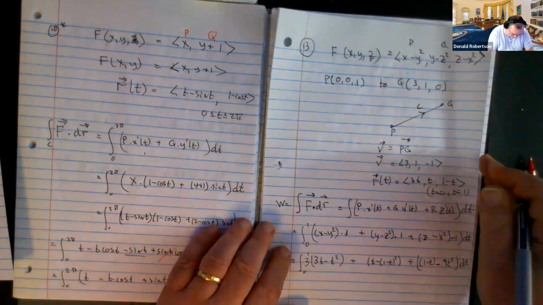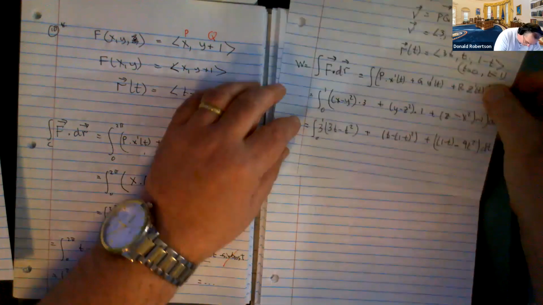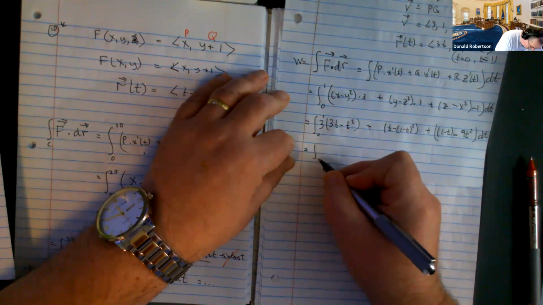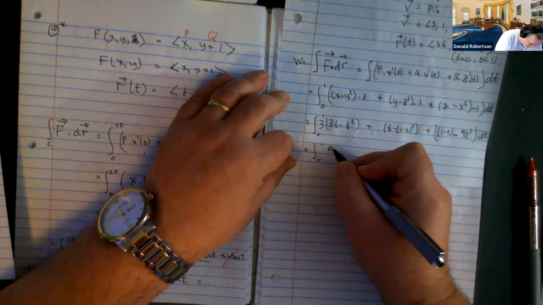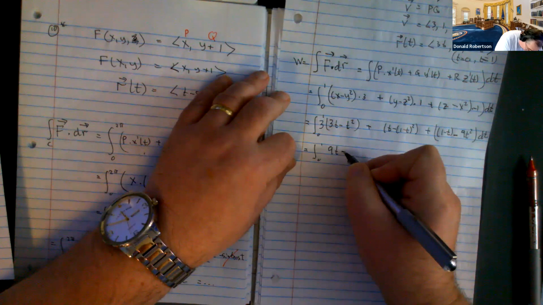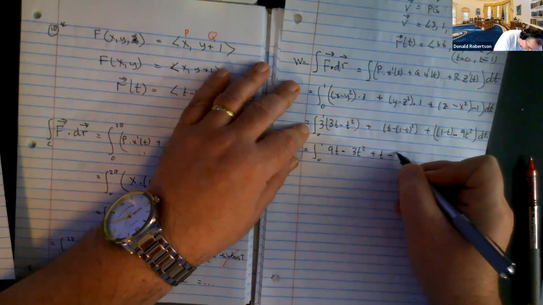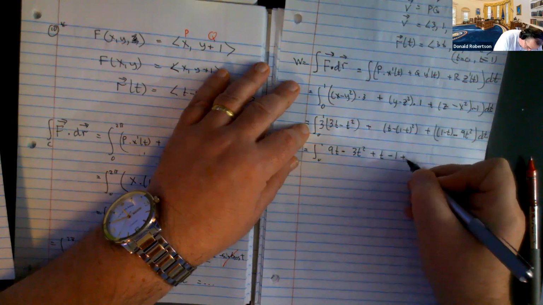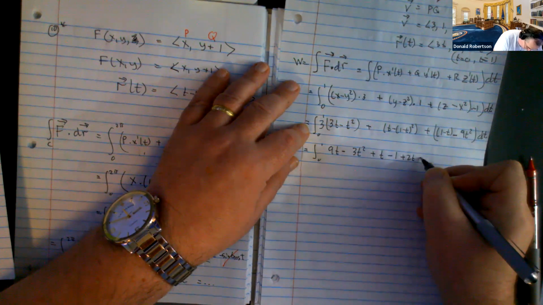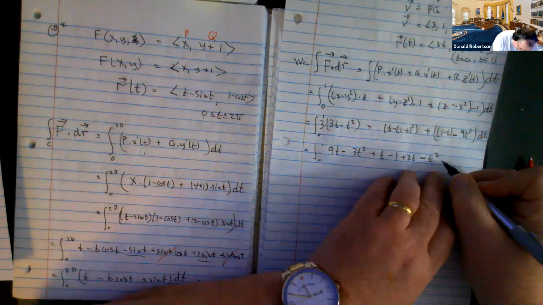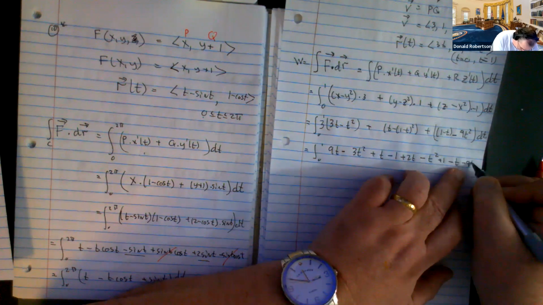Okay, just a couple of lines of tidying up here. Actually, I think I should do this one all the way to the end. So we're going to get 9t, take away 3t squared, plus a t, take away a 1, add a 2t, take away a t squared, add a t, take away a t, take away a 9t squared.